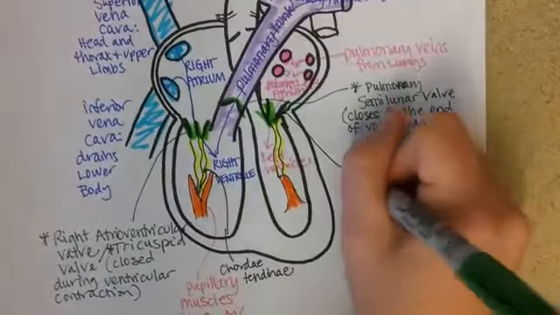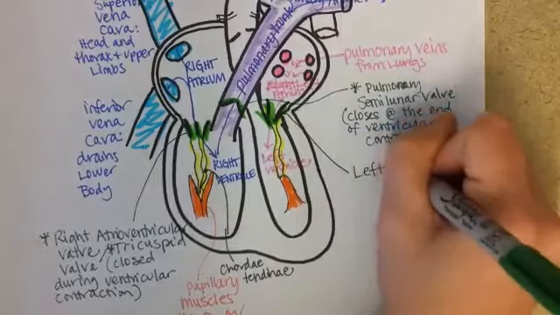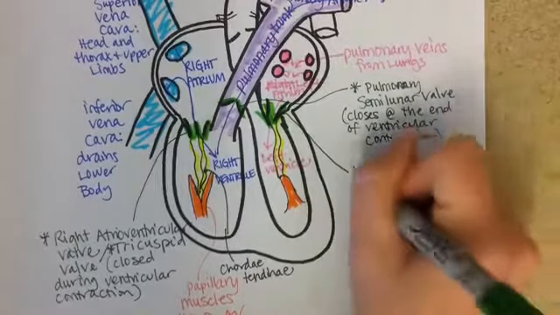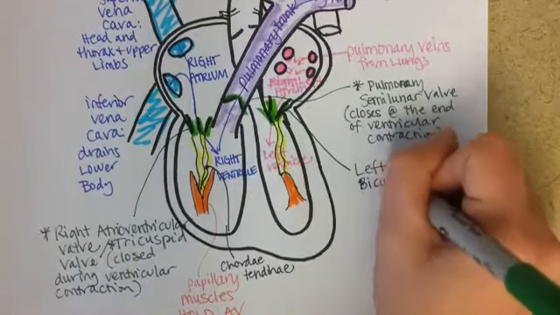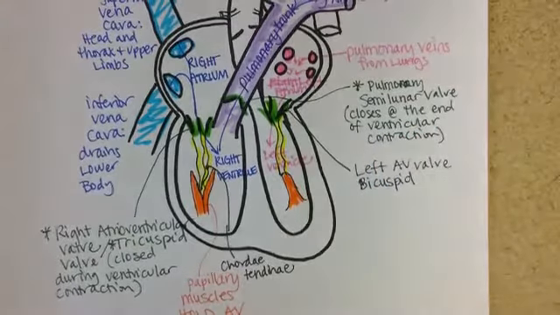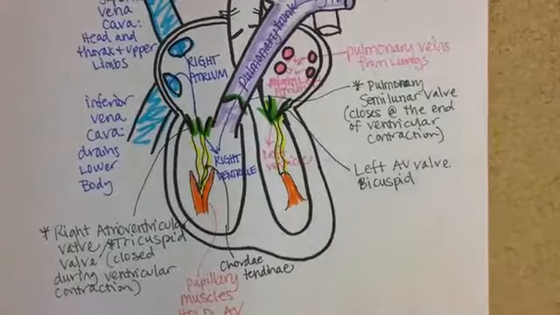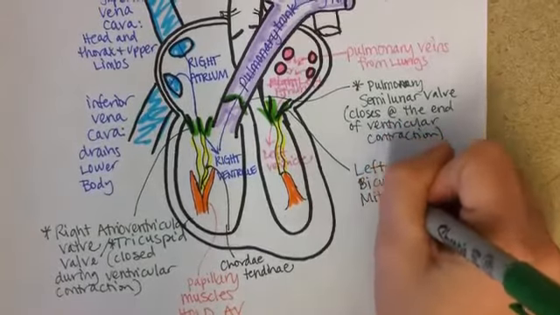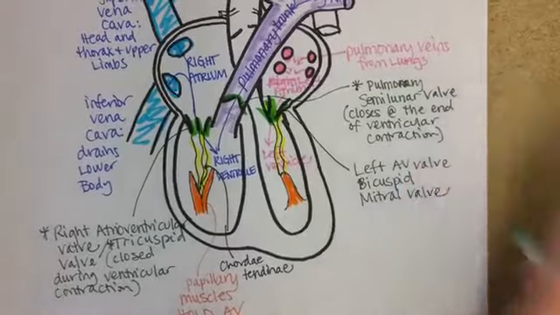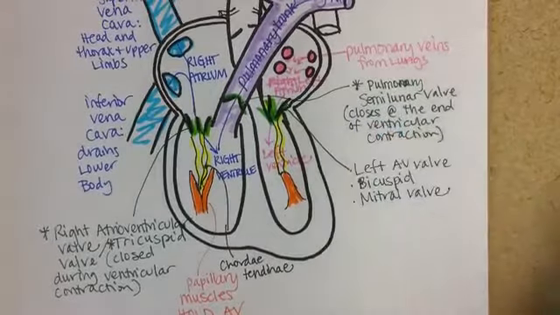So this is the left AV valve. Sometimes it's known as the bicuspid because it only has 2 flaps compared to the 3 flaps of the tricuspid. And it looks a little bit like a Pope's hat, so sometimes it's called a mitral valve. 3 different names for the same valve.